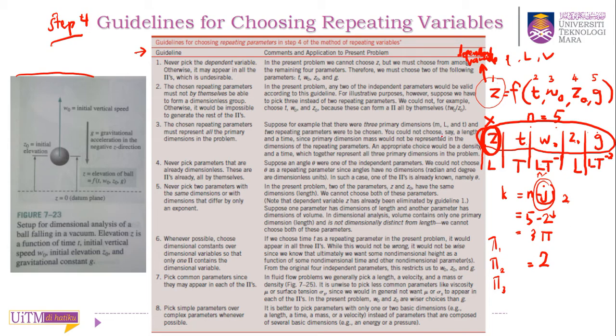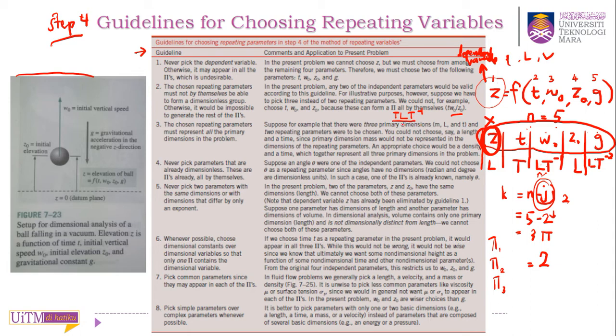If you choose T, W0 and Z0, and look at the primary dimensions, they can form a dimensionless parameter by themselves. If you look at this equation, T times W0 is L T minus 1 divided by Z0.